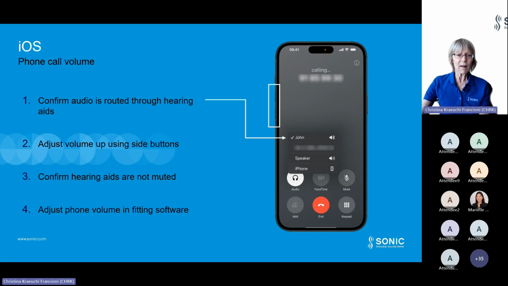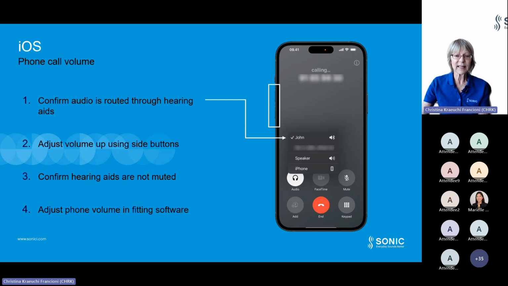For phone call volume issues with iPhones, the client should first verify that the phone is routed through the hearing aids. This can be done by tapping audio and making sure that the hearing aids are selected.